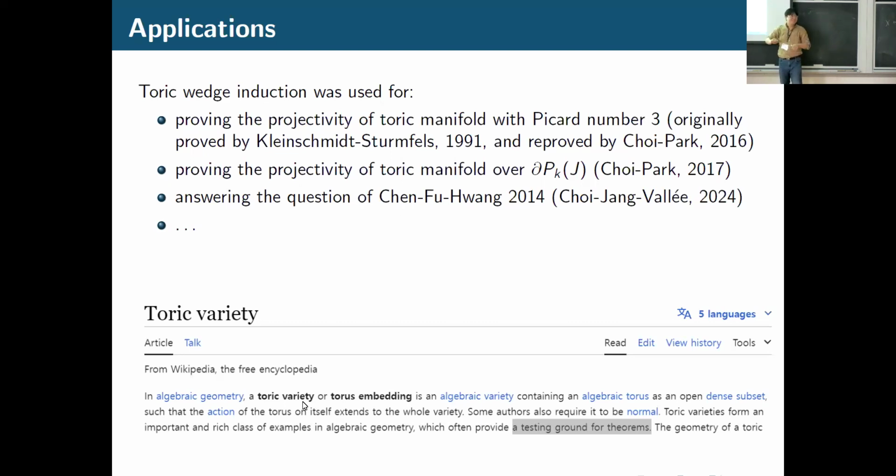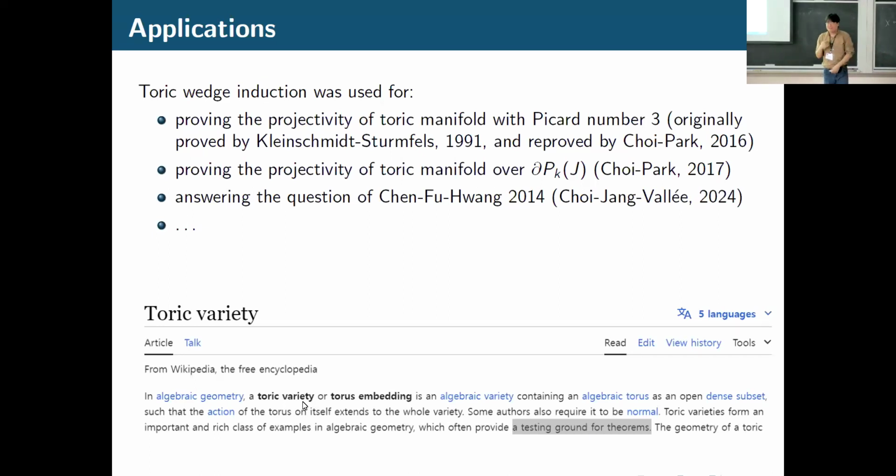And this is the Wikipedia page on toric varieties. If you Google it, they say toric varieties often provide a testing ground for theorems in algebraic geometry. As far as I know, although this is a true statement, it is really hard to check whether some given property holds for toric varieties or not.